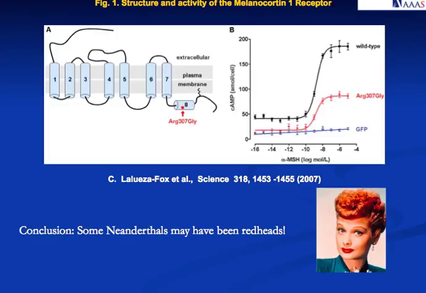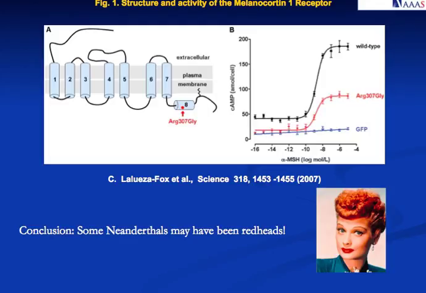When this receptor is mutated, and one of the more prominent mutations is an arginine to glycine mutation at amino acid 307, the receptor then no longer signals properly, and it doesn't produce the proper amount of cyclic AMP, so it can't interact with G proteins, and therefore phenylalanine is produced at a higher proportion to eumelanin than in the wild type receptor. That's what this diagram up here is showing you.